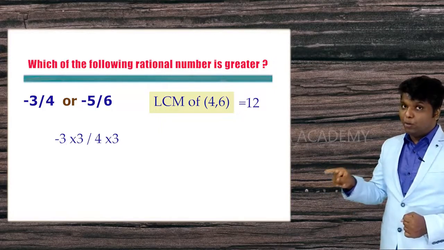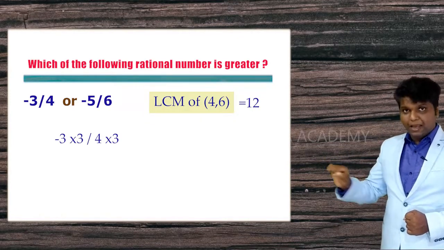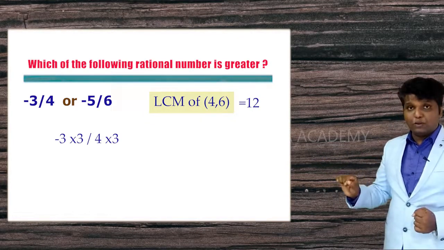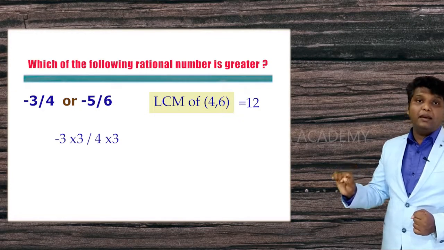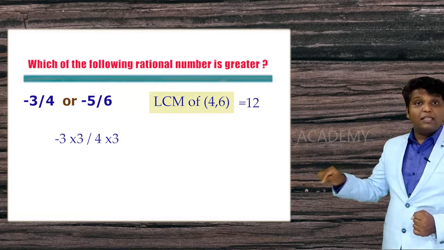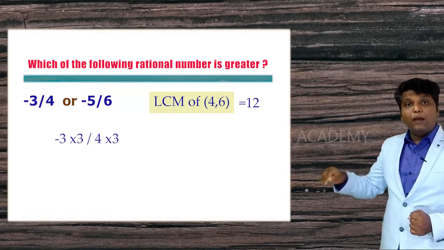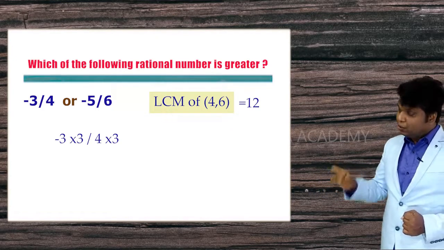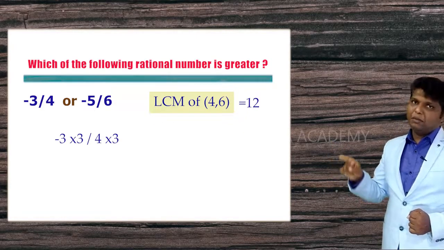First of all, check the denominator, and you have to make the denominator the same as the LCM. LCM here is 12. Here the denominator is 4, so in order to make this 4 as 12, you have to multiply it by 3. So that's why you are multiplying the numerator as well as the denominator by the same number 3 itself.